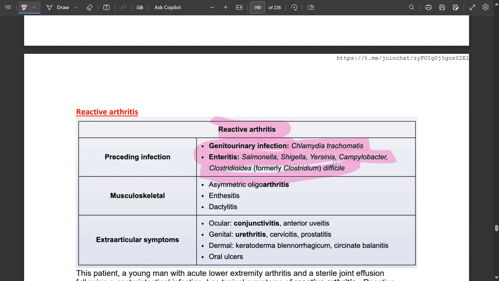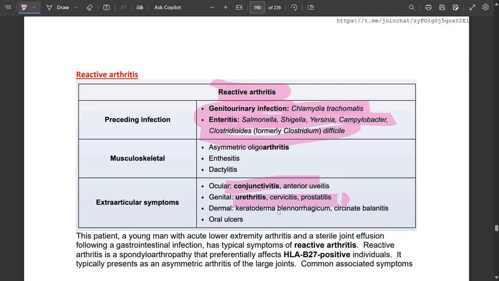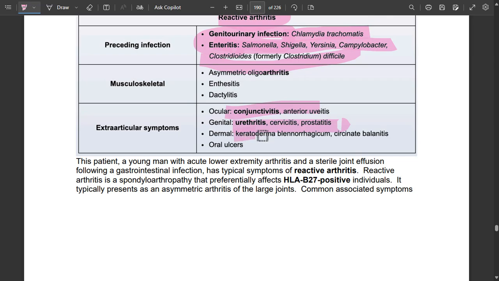Extra-articular symptoms include conjunctivitis, uveitis, and urethritis with burning on urination, and prostatitis can also occur. Keratoderma blennorrhagicum and circinate balanitis can occur.